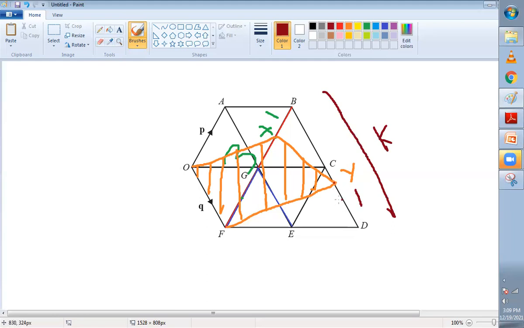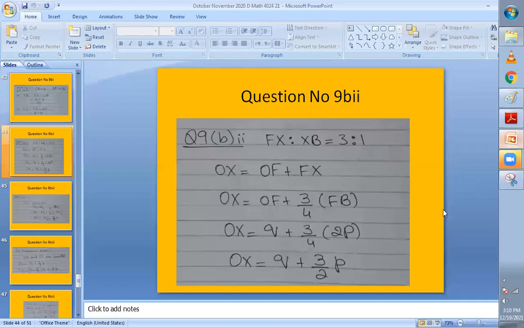So now there are 2 portions. This portion is 1, and the total thing is K. There are K pieces. And obviously this portion will be K minus 1. We don't know the value of K, we just supposed it. And now I can solve it. So let me show you how I did it.